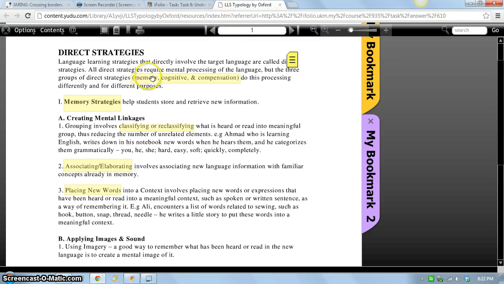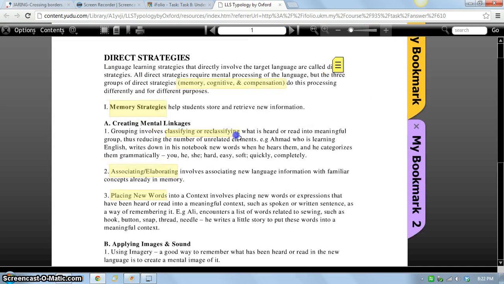So here I have highlighted memory, cognitive, and compensation. Memory, cognitive, and compensation are the strategies for the direct one. I have highlighted them here so it would be easy for me to remember. For the first strategy, memory strategy, I also highlight the keyword of each sub-strategy.